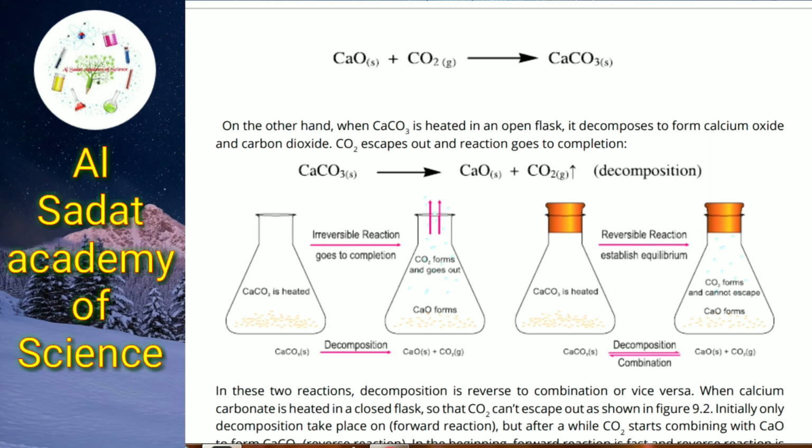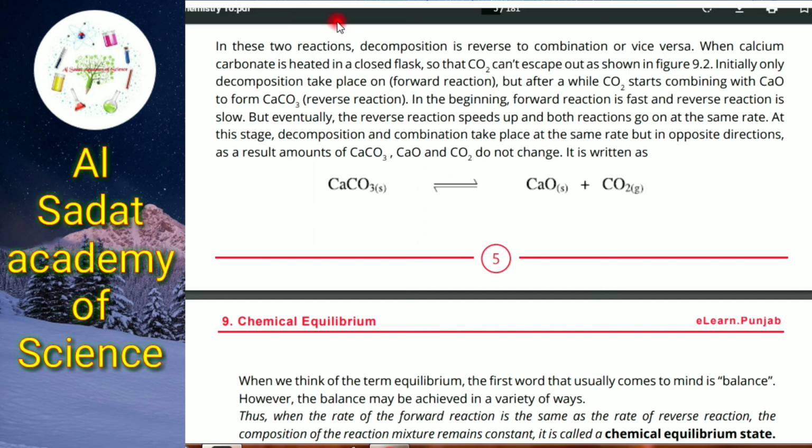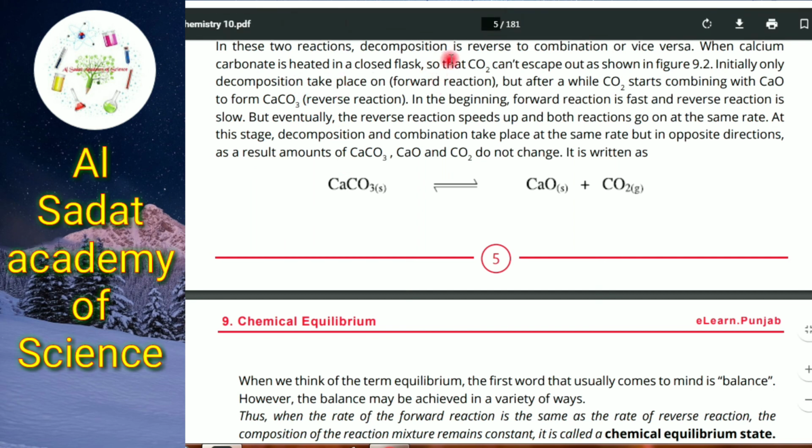Both are happening at the same time, and an equilibrium is established, and the rate of the forward reaction becomes equal to the rate of the reverse reaction. In these two reactions, decomposition is the reverse of combination or vice versa when calcium carbonate is heated in a closed flask so that carbon dioxide can't escape, as shown in the figure. Initially only decomposition takes place, the forward reaction, but after a while carbon dioxide starts combining with CaO to form CaCO3, the reverse reaction.